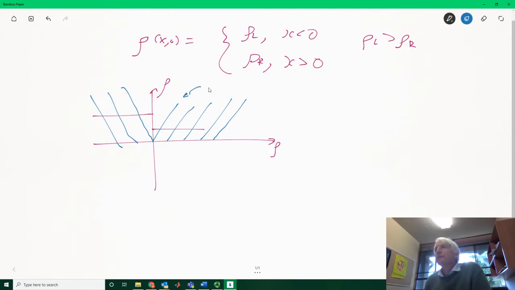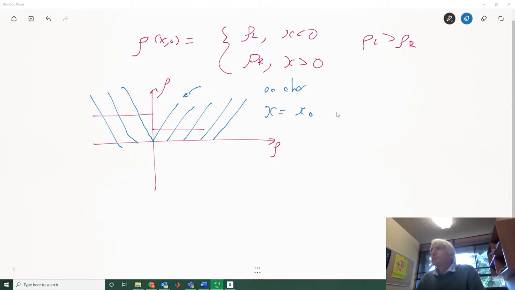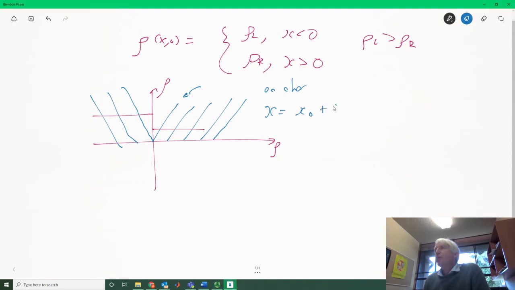So on this curve here, what happens over here? So on the characteristics, what do we have? We've got x is equal to x naught plus c of rho R times time.